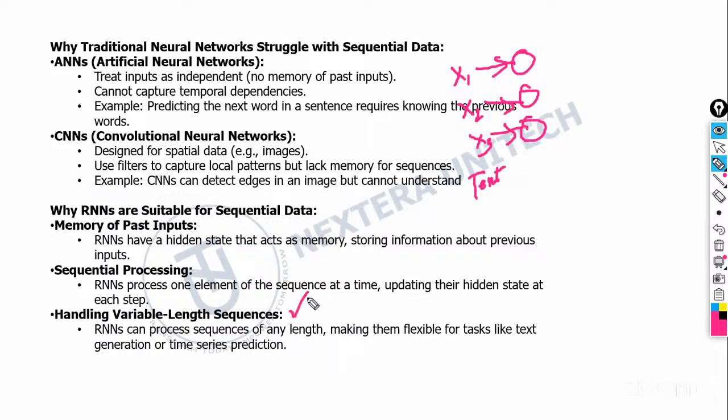In the first sentence, I may have only 5 words, but in the second sentence, I may have 10 words. Even if the number of inputs changes from sentence to sentence, variable length sequences can be handled by RNNs. But when it comes to ANN and CNN, they fail.